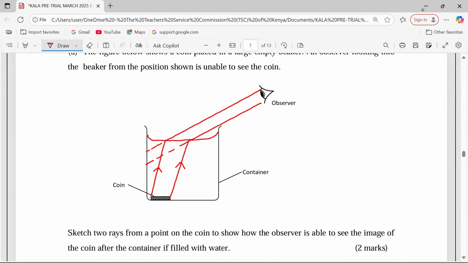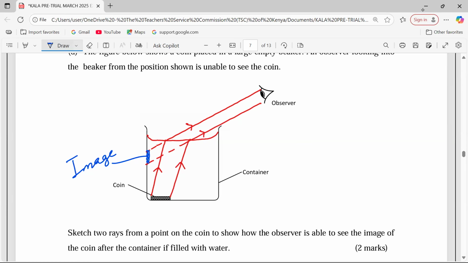As the rays emerge, they will be bent. And now the observer will be able to see the image of the coin. The image of the coin will be seen somewhere there. That is where the image of the coin shall be seen.